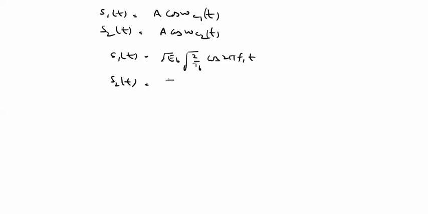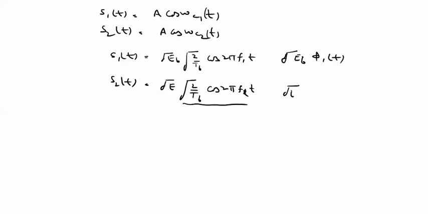S2(t) is root of EB times root of 2 upon TB cos 2 pi F2 t. This is root EB phi 1(t), root EB phi 2(t). Both are unit energy functions multiplied by root EB.